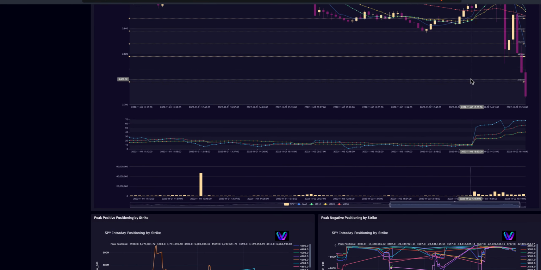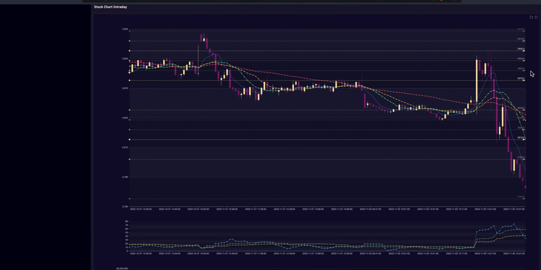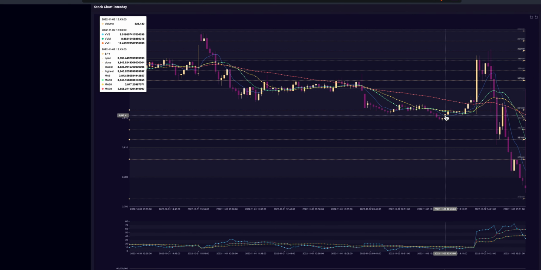So 9:41, we're going into today's positioning. Alright, here we go. So 9:41, we had a pull down, and that landed us at a low of around 3844 from 9:41.